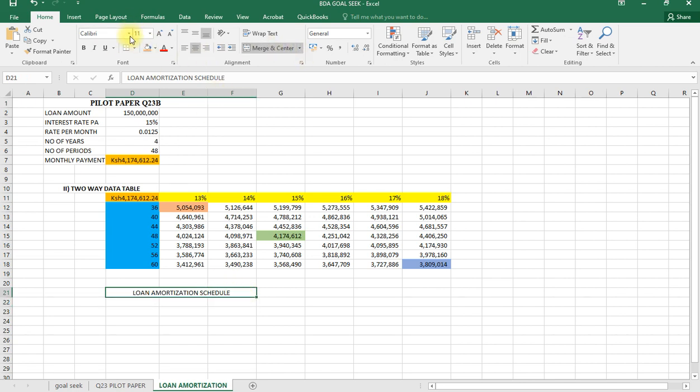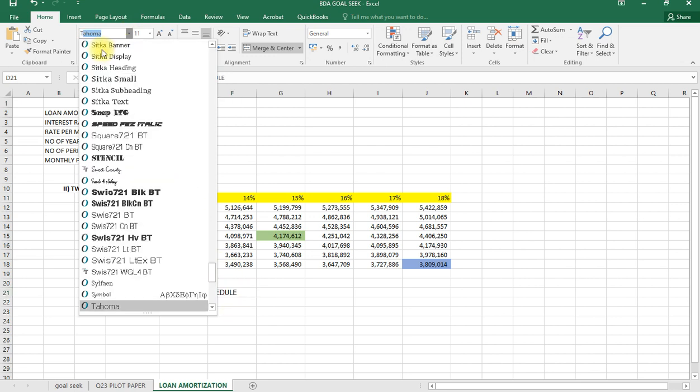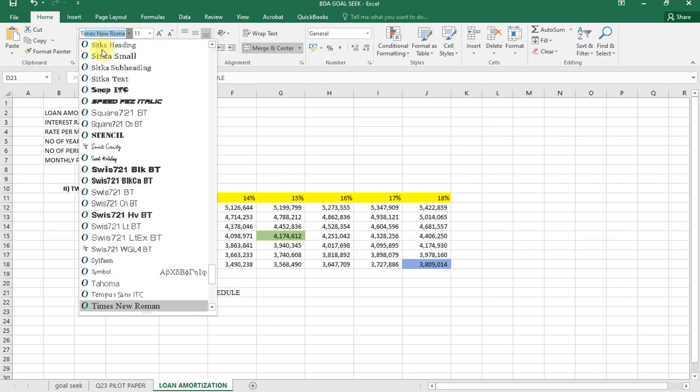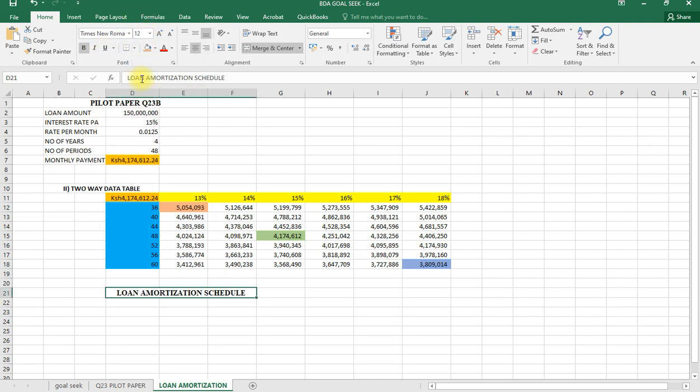Let me merge that, use times 12, and I bold that loan amortization. So I'll have my year, and I can start with year 0, year 1.